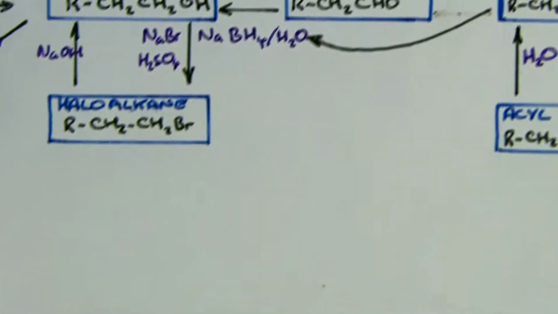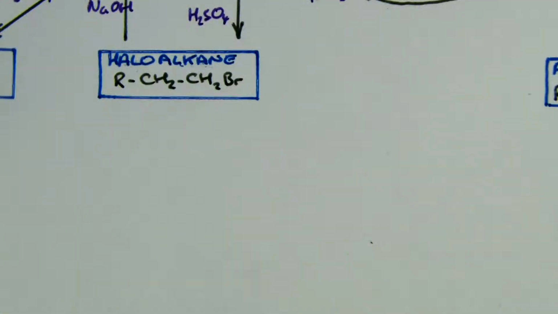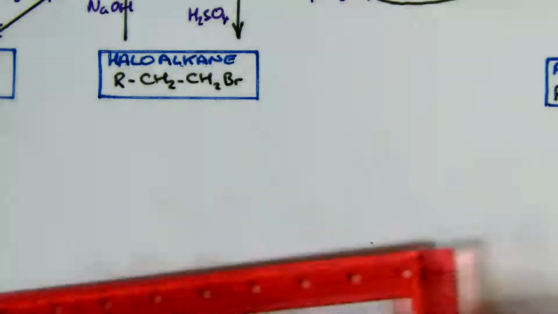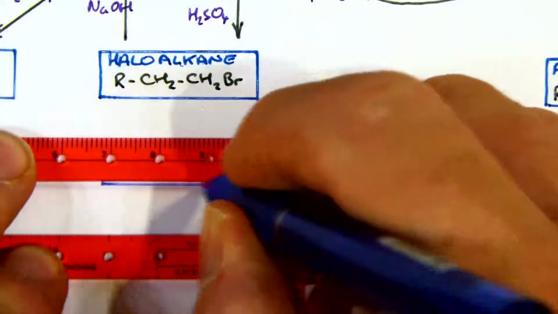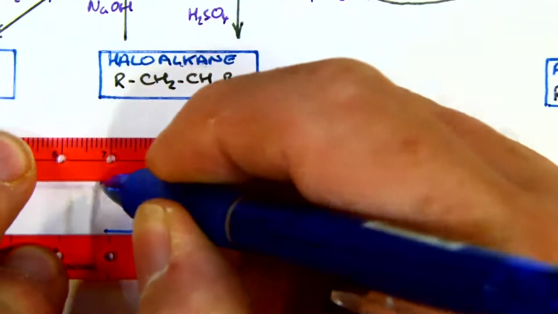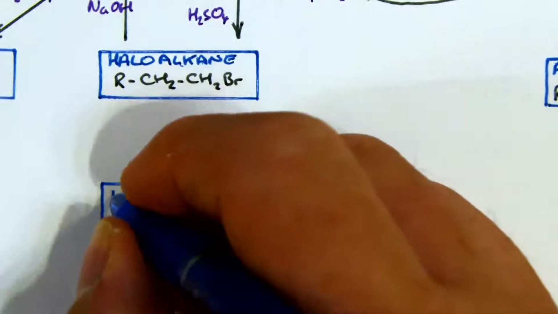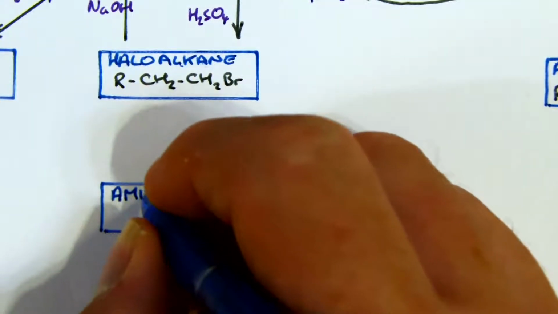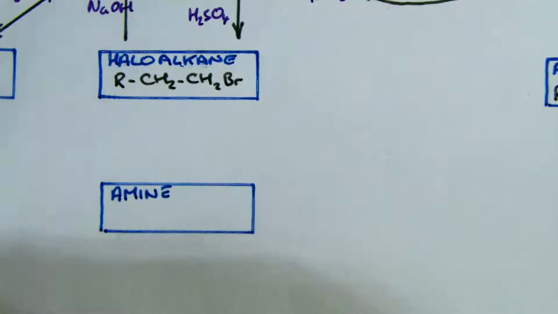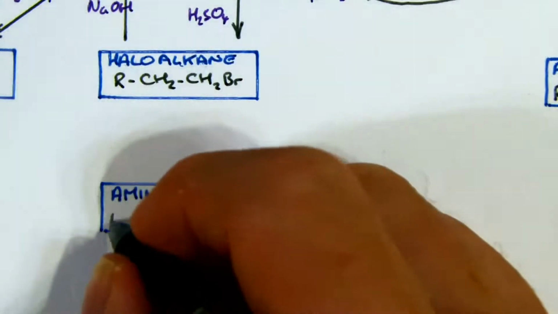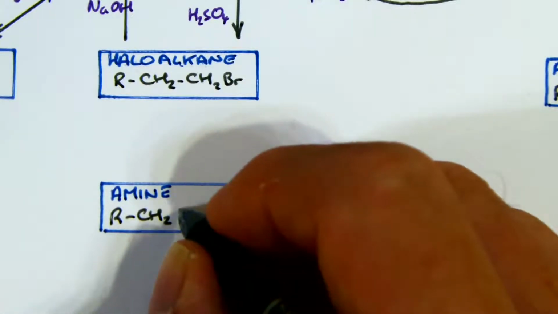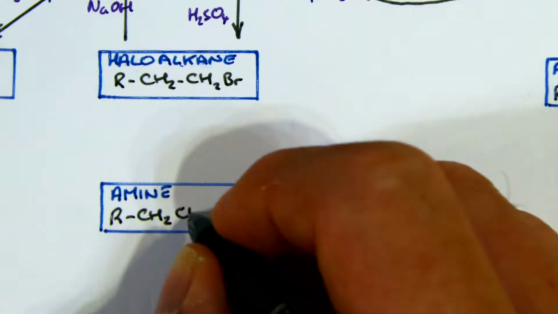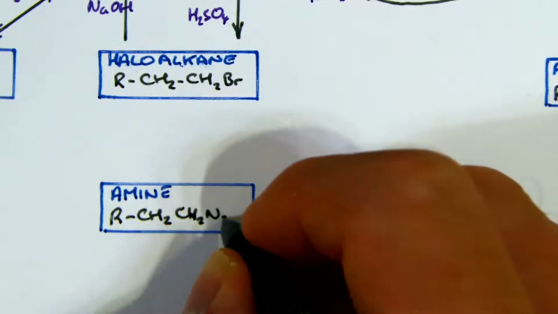So let's see if I can make an amine from this. So this is going to be RCH2, and then it's going to be CH2NH2.